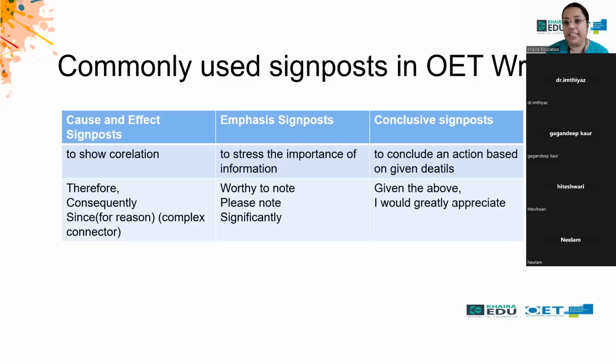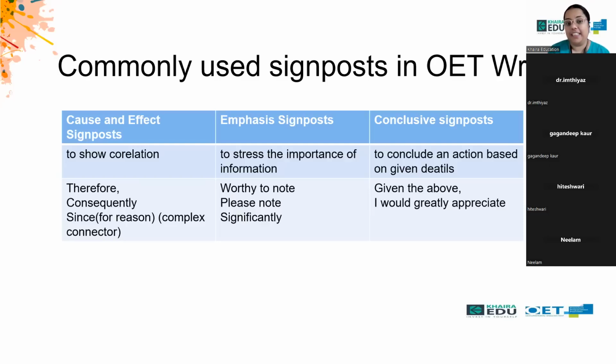Since she adhered to the prescribed medication, her condition has improved significantly. So I'm using since here for the reason. This is the reason why the condition improved, because the patient showed adherence to the prescribed medication. So these are to show cause and effect relationship in the ideas that you present.